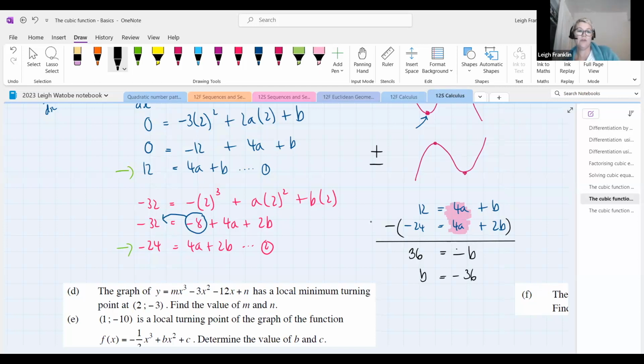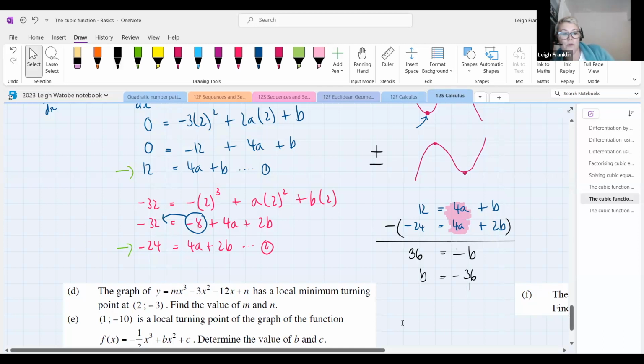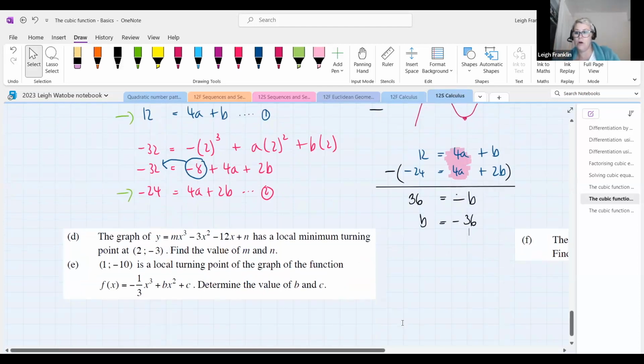Okay, when you're done and you think you know what the values of m and n are, or if you think you know what the values of b and c are, then you're welcome to put done in the chat.